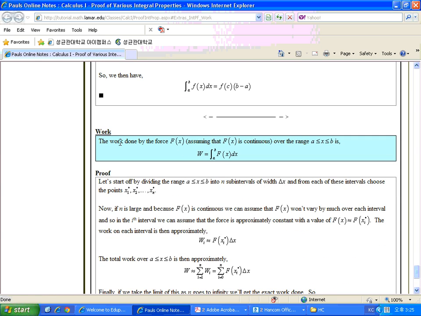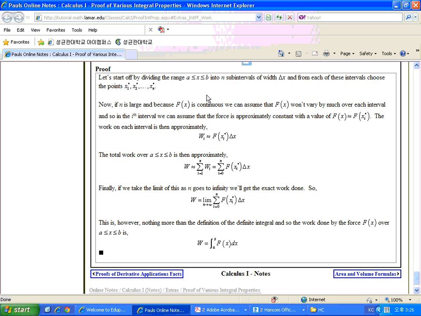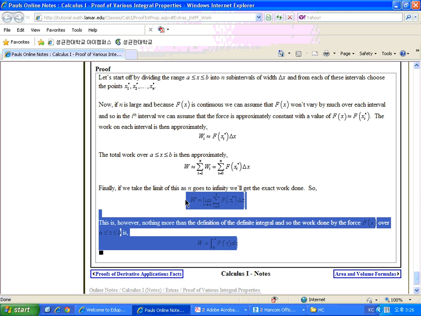The work done by the force f over the range from a to b is this, because of this reason, like what we saw in the Riemann sum, and the limit process gives us the limit of the sum as the integral, and delta x becomes dx.